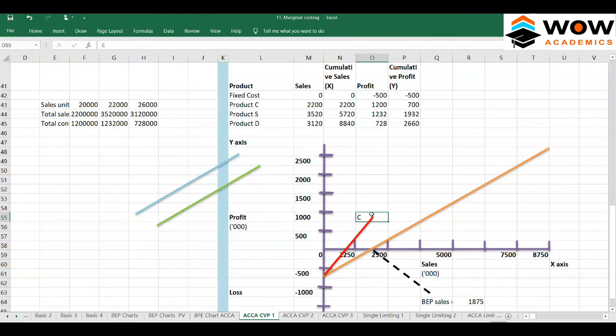Next we have to do it for product S. Product S is sold, and the ending point is at 5720 of sales. So the connecting point would be here, the starting point is here, and the ending point is 5720 of sales. That is roughly 6,000.